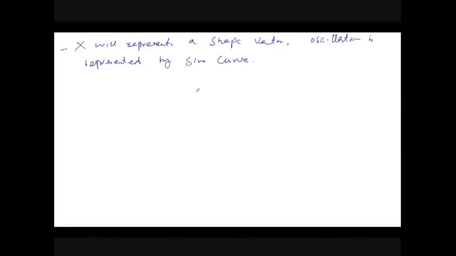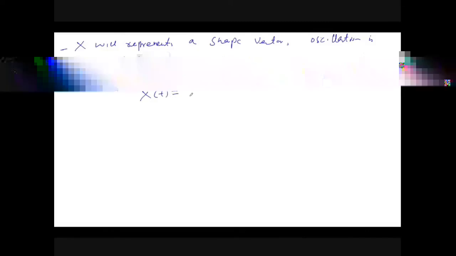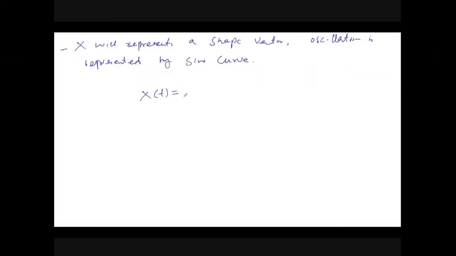For example, this displacement vector will be represented by x as a function of time, which will be equal to the shape vector times sine omega t. This is the sine curve that represents the harmonic motion.